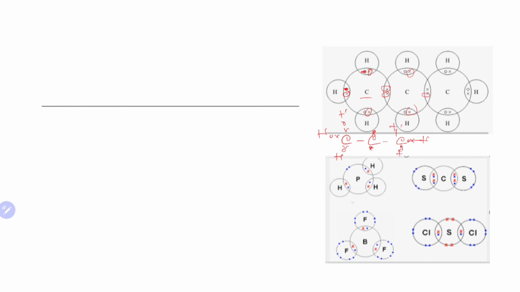This is for PH3. P is number 15, 2, 8, and 5, so the valence electron is 5. So P with 5 electrons, but H only has 1, so one P will need 3 H.